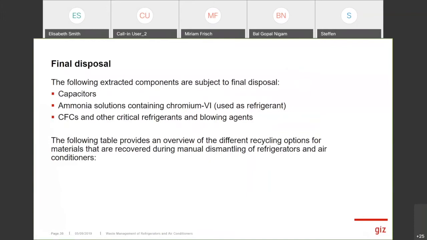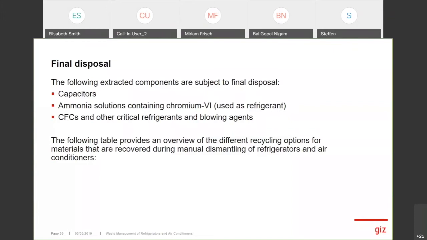The following extracted components are subject to final disposal. This will be the capacitors, ammonia solution, which contains chromium-6, usually used in small refrigeration appliances like minibars and so on.